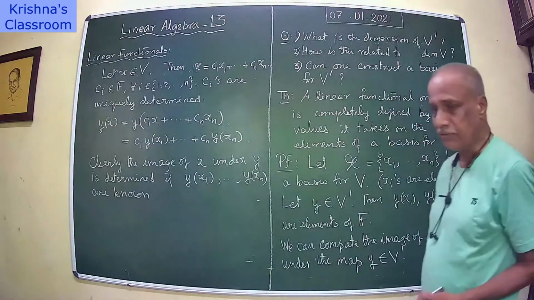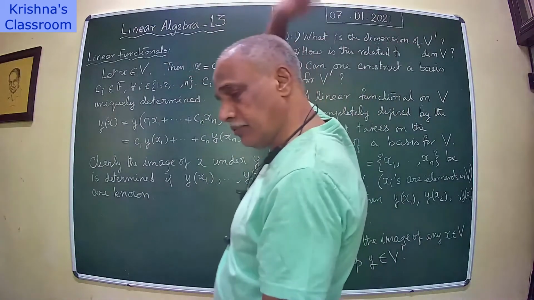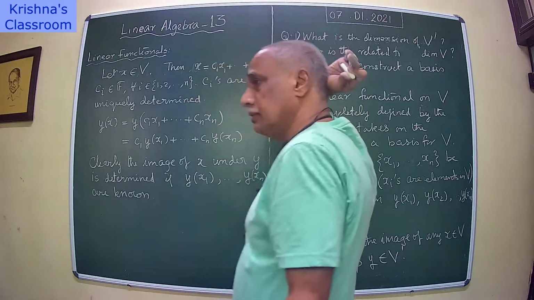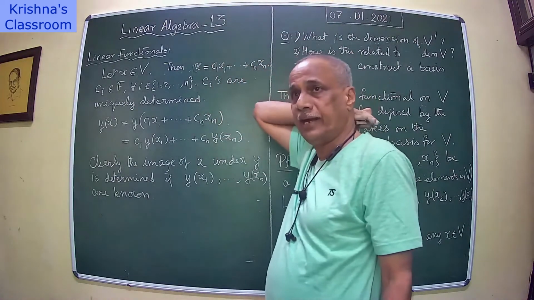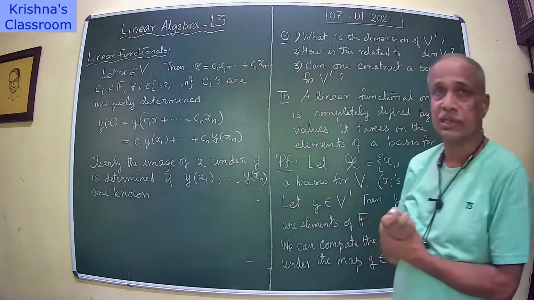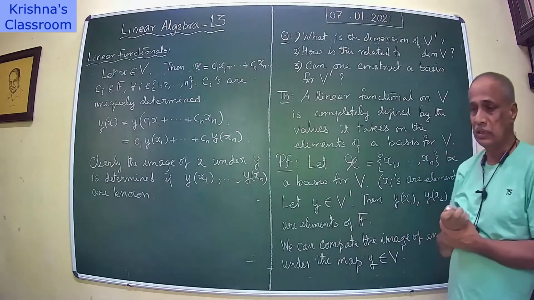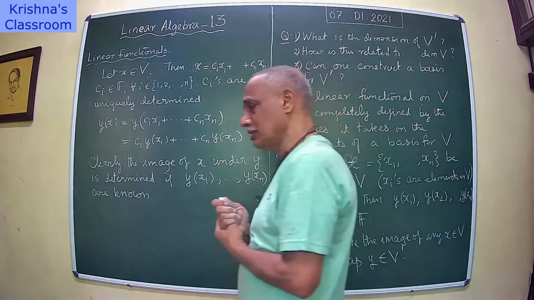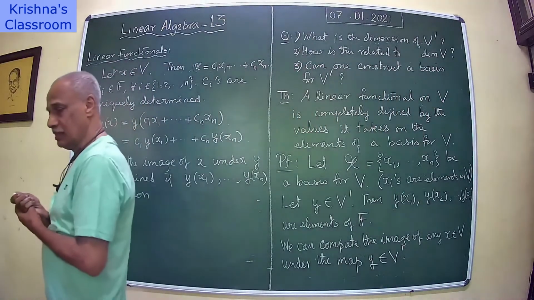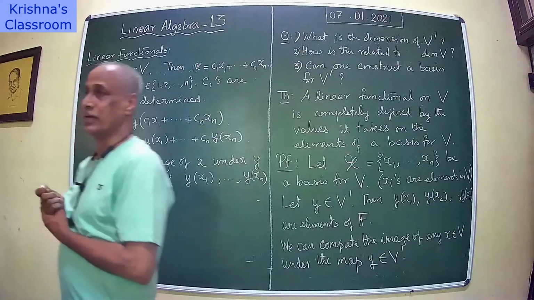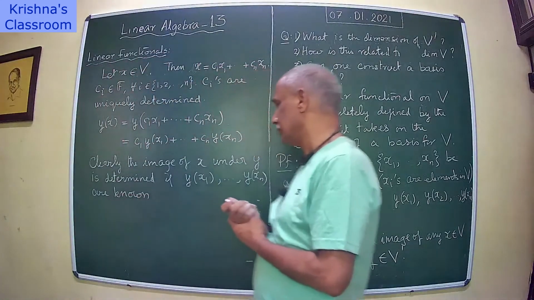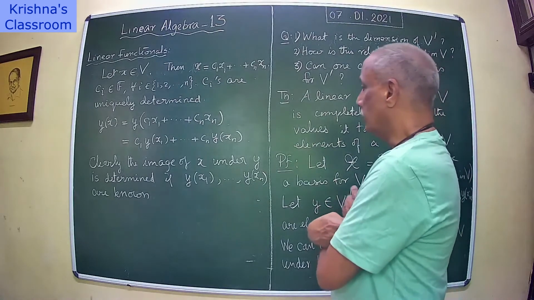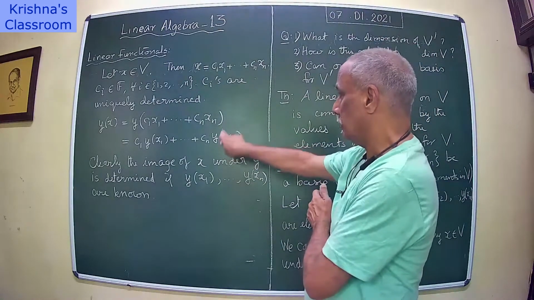So we see that for any arbitrary element of V, y x can be computed for a given y, provided you know y x1, y x2, etc., y xn. Now this is the power of linearity. It's because y is linear that we are able to do this. Because we have used linearity from this step to this.